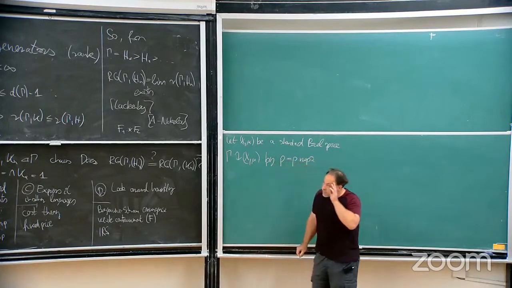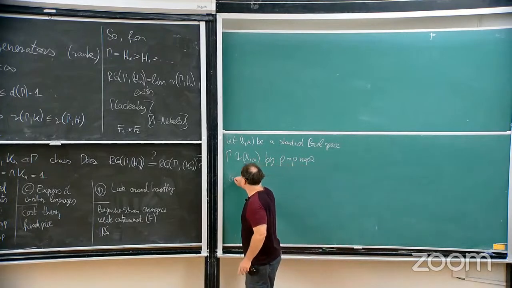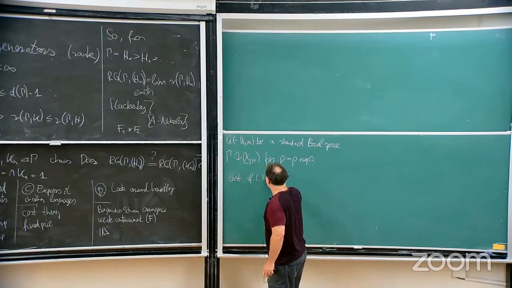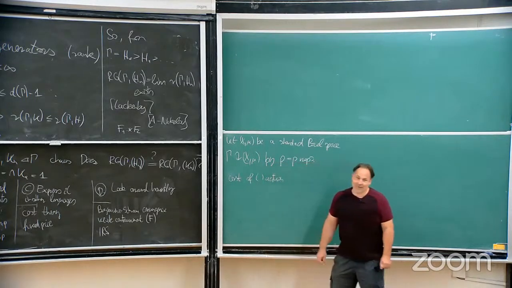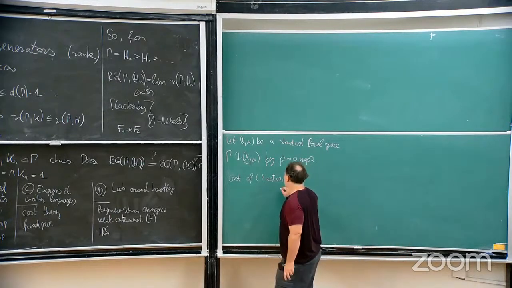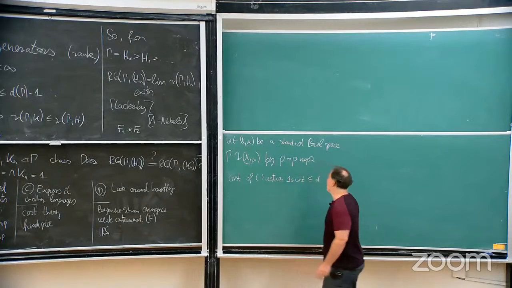Okay, then this action has a so-called cost. So cost of this action. And unfortunately, I won't have time to define it. It's a number. So the cost is a number between D and 1.